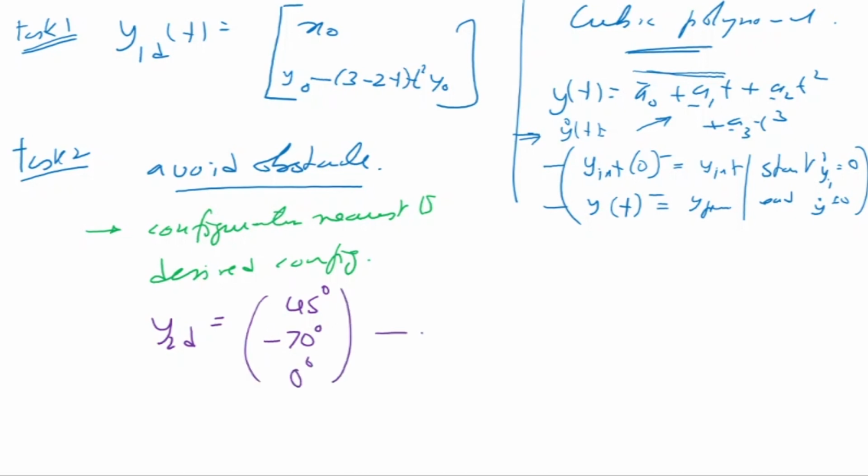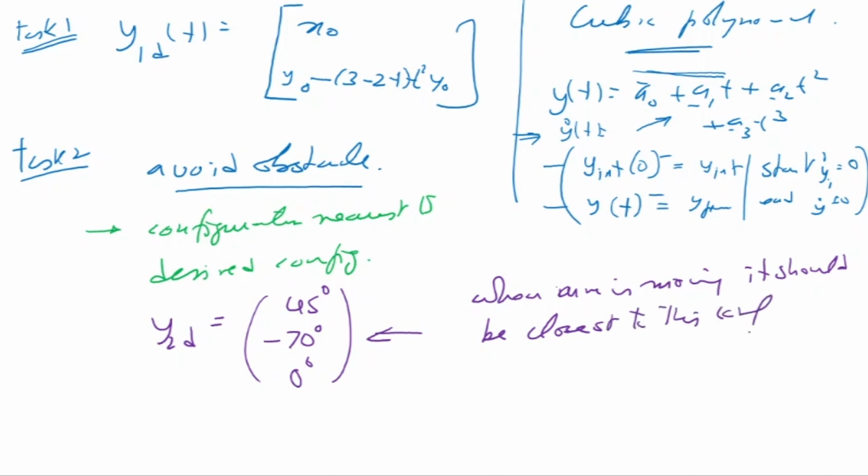So when an arm is moving, it should be closest to this configuration, which will ensure that it doesn't hit.